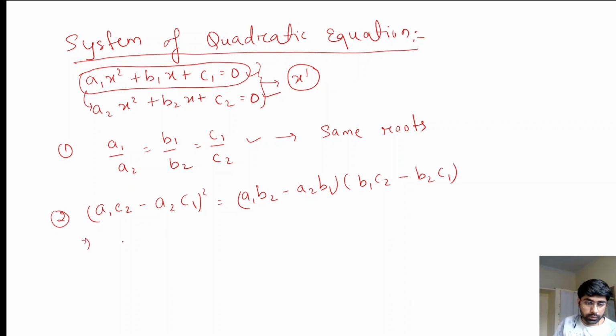For memorizing this, we can simply write this as ac square equals ab into bc. Here ac means a1 c2 minus a2 c1, ab means a1 b2 minus a2 b1, and bc means b1 c2 minus b2 c1. So if this condition holds, then we can say that they have one common root.